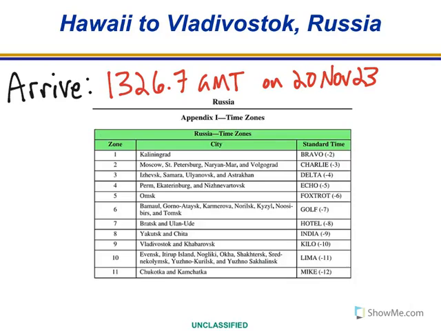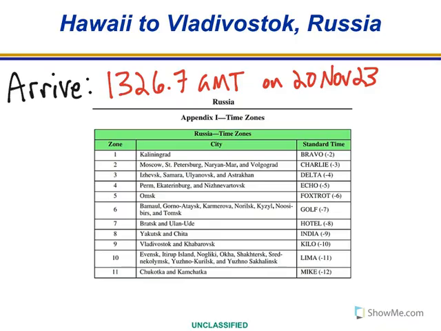There we go. So the appendix breaks Russia up into 11 zones. Now those are not time zones, they just call those zones. The time zones we're looking for are called standard time, and we see that all of these zone descriptions are Bravo -2, Charlie -3, Delta -4, and those are based off of the principal towns, as they said: Kaliningrad, Moscow, Izhevsk, Perm, all of those.